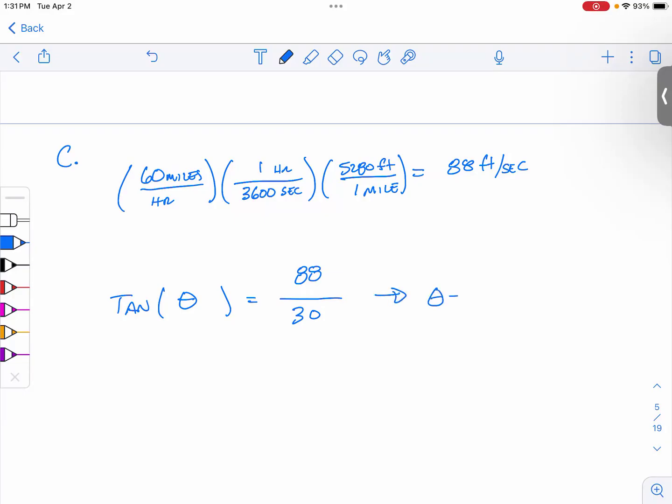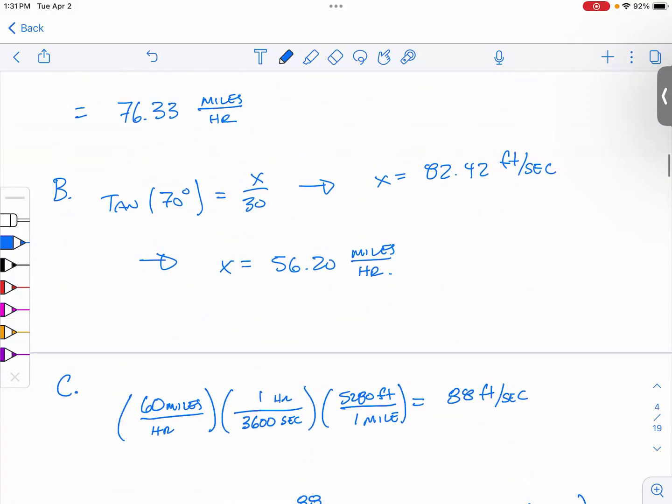And then I can solve that, which gives us a value of 71.18 degrees.